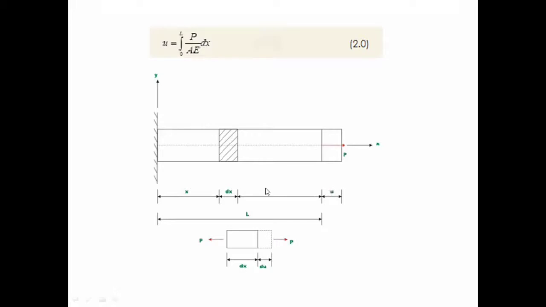So there will be some increment in the small patch, this hashed part of the member that we have considered. There will be some extension, and it will deform or elongate by du distance, a very small distance.